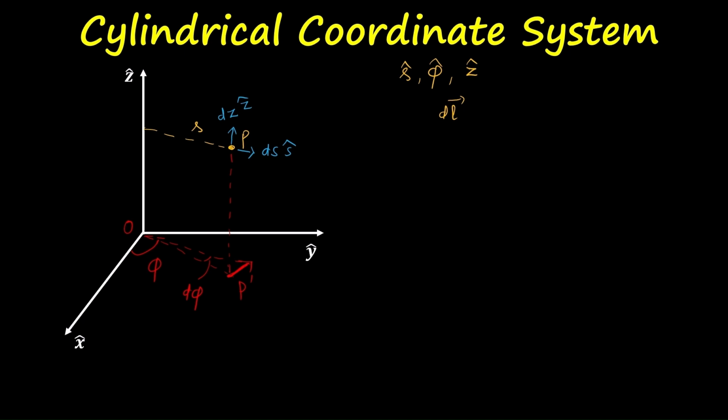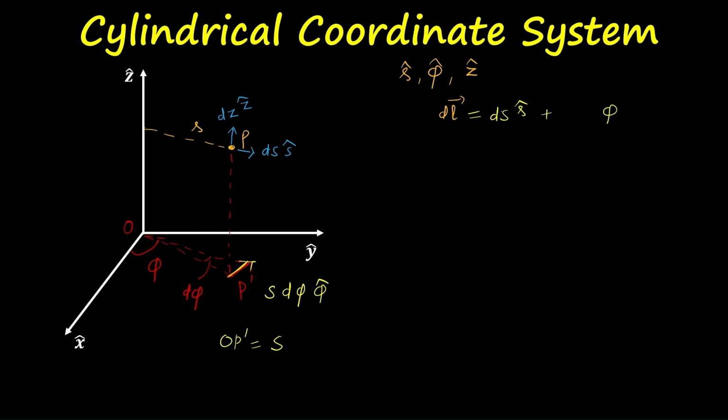Here OP prime is equal to S, so the increment in the phi direction will be equal to S d phi, and this is along the phi cap direction. Using this information, we can write the increment vector. In the S cap direction, the change is ds.